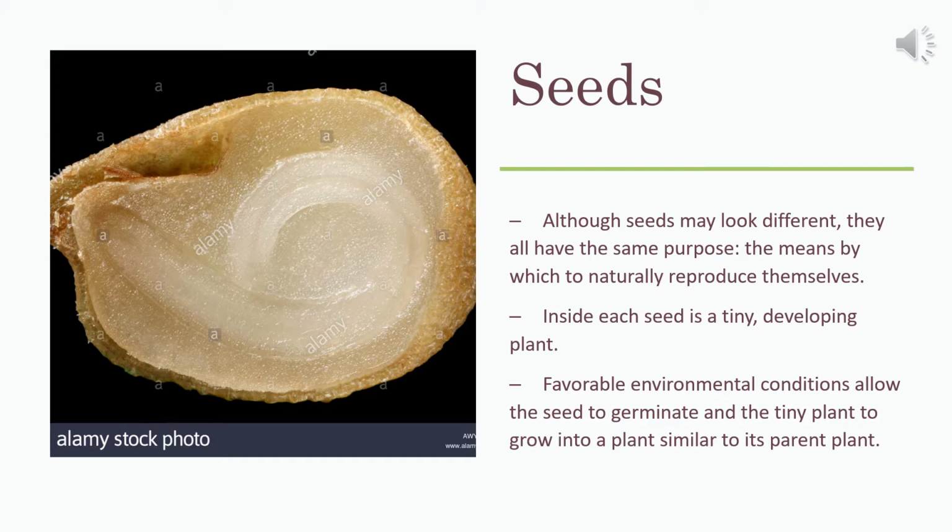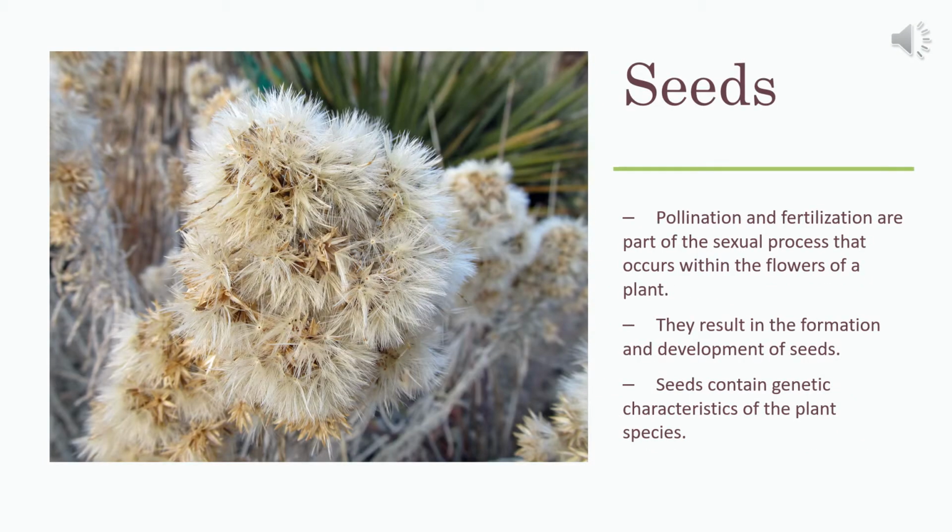Now, each different type of plant is going to require different environmental circumstances in order to germinate. But very basically, an ovary needs to be fertilized in order to create a seed, and that happens through the process of pollination.